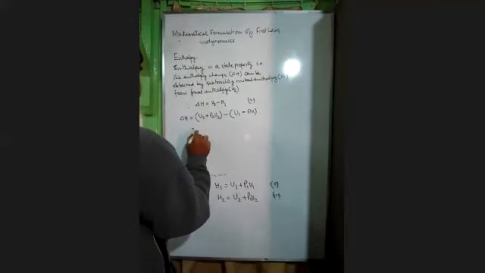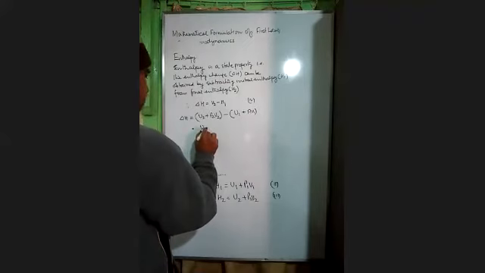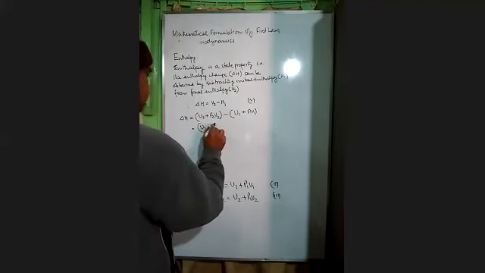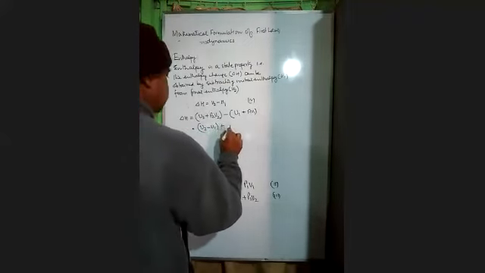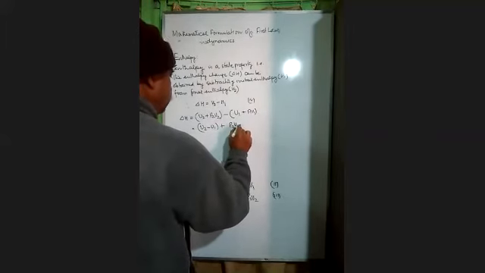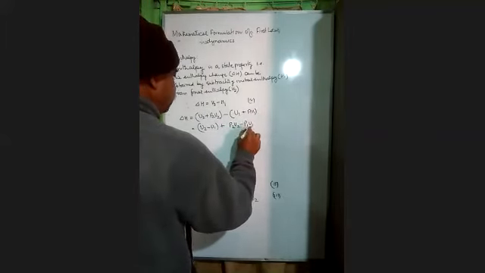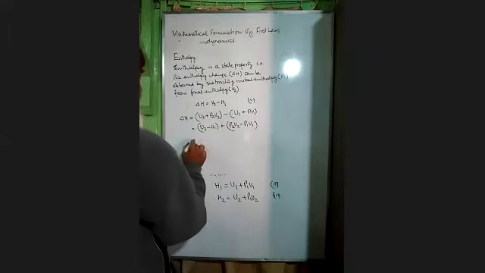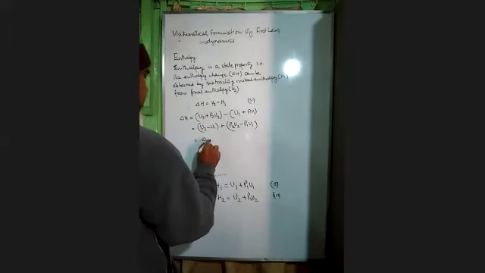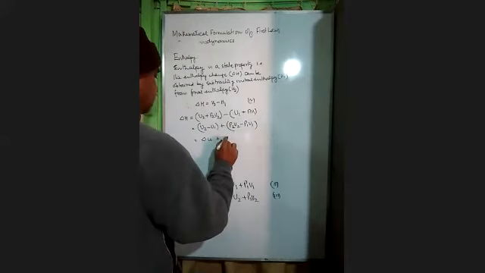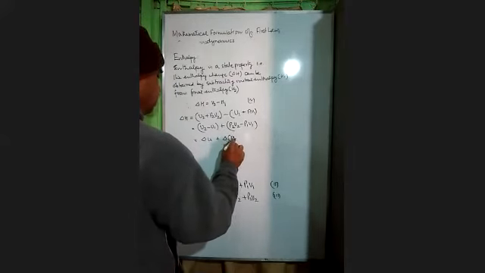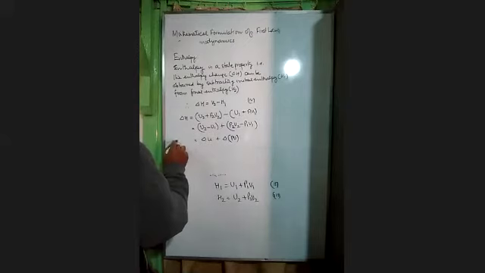So now we can write here U2 minus U1 plus P2 V2 minus P1 V1. So I can write now here it is delta U plus delta PV. So therefore delta H is equal to this.